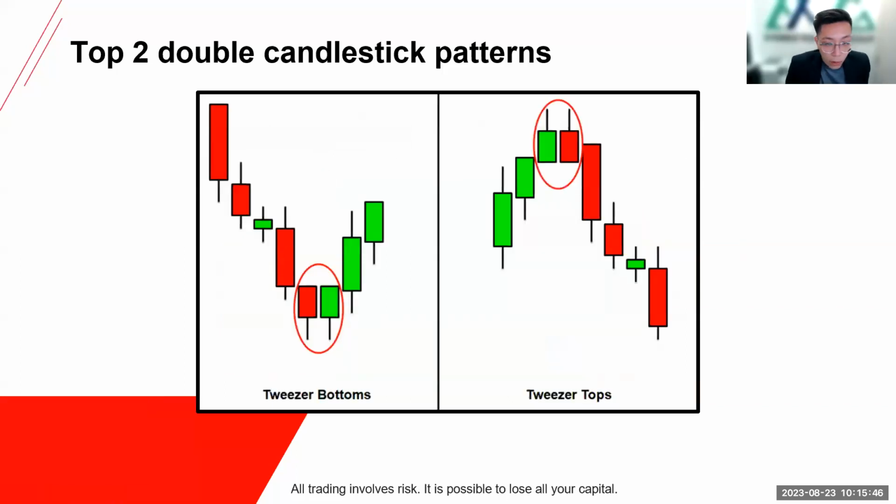Okay, the second one will be tweezer bottoms and tweezer tops. These candlestick patterns are not really seen often. Basically, when I see these candlestick patterns, once one is formed, I would immediately jump into the trade, but of course with other confluence factors as well, because usually I don't see these patterns that often, and once it happens, it actually reverses quite a bit.